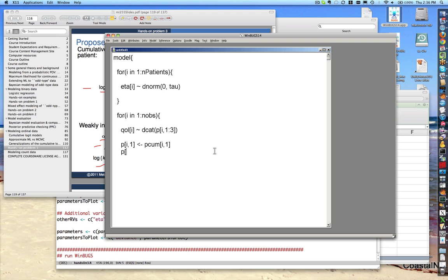But then for the second one, now we're going to have to talk about the cumulative probability for 2, so that's the probability that the score is less than or equal to 2, and subtract from it the probability that the score is less than or equal to 1. Okay, and finally we need the third one in here.